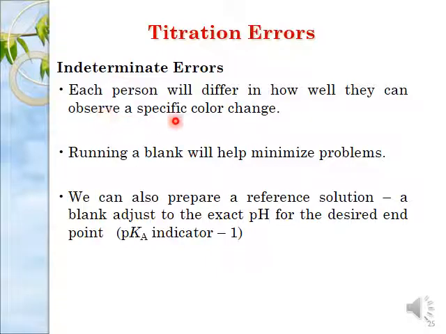Notice that when you do titration experimentally, your group member will obtain a different volume than what you obtain, because different people have different evaluations. So that is unavoidable. However, if we have a blank sample, it will minimize the problem.